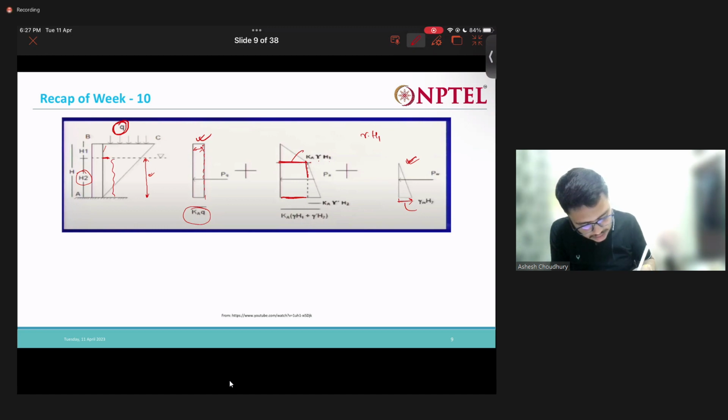So it will be gamma into h1 into ka. So this part will be fixed. Plus there will be some additional part which will be solely due to this region. The vertical stress in this region will be a triangular arrangement, which will be nothing but h2 into gamma submerged into k.